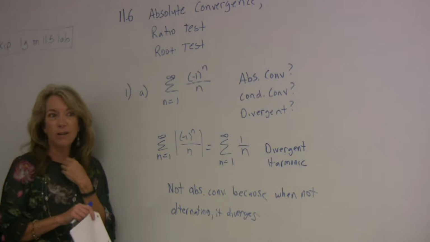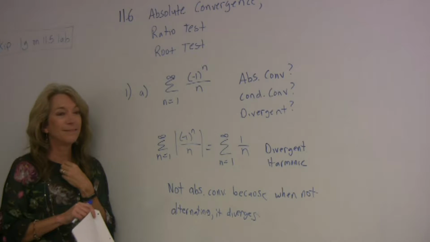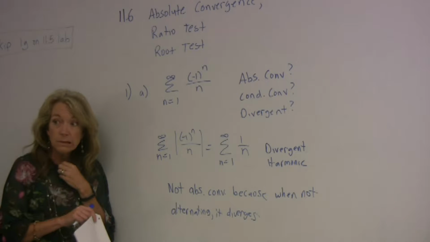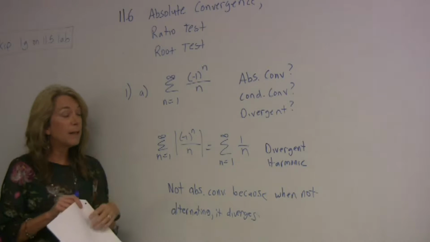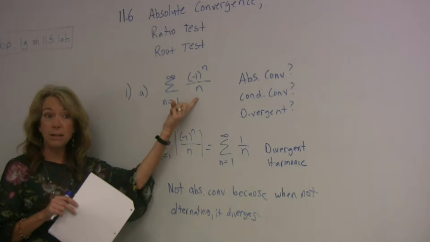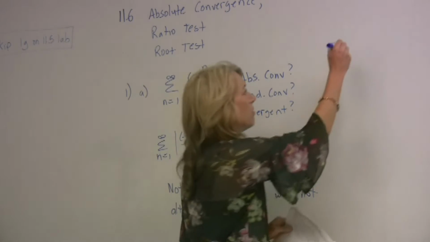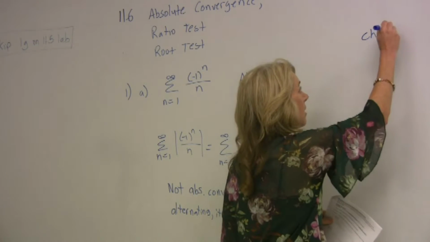How do we check an alternating series to see if it converges? We use the AST, the alternating series test. So it's not absolutely convergent, so now I'm going to check for conditional convergence using the AST.